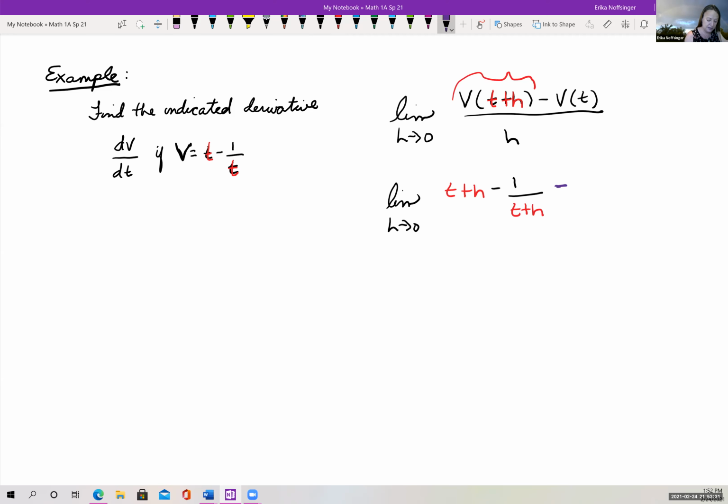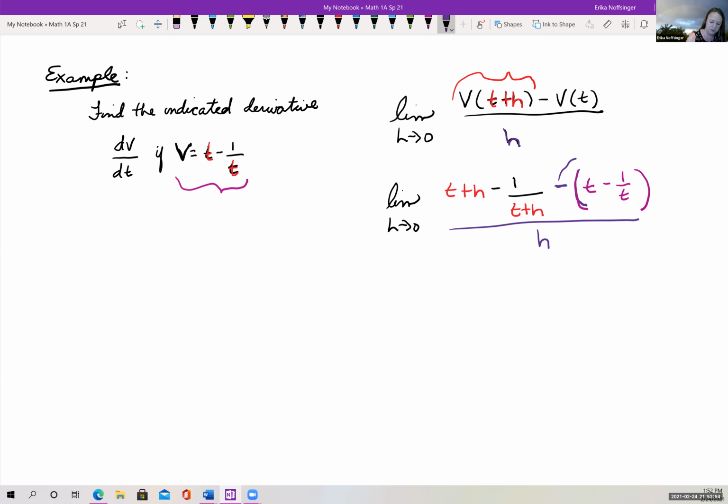Again, we have to be careful when we're subtracting off a whole function. We need parentheses around that whole function. So if I subtract off this whole function v, I'd be subtracting off t minus 1 over t, and then we're going to put that all over this h.